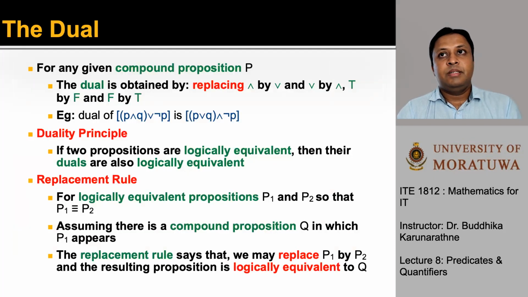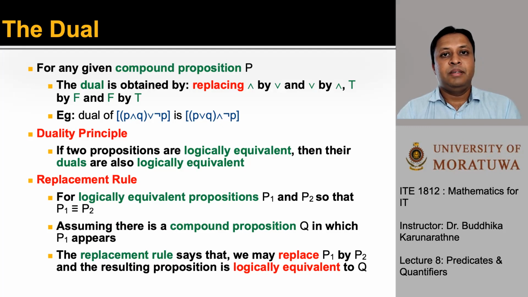Now we get introduced to the concept of the dual. For any given compound proposition P, we can obtain the dual of that proposition by replacing conjunction with disjunction and disjunction with conjunction, and T by F and F by T. So what we do is a simple replacement.